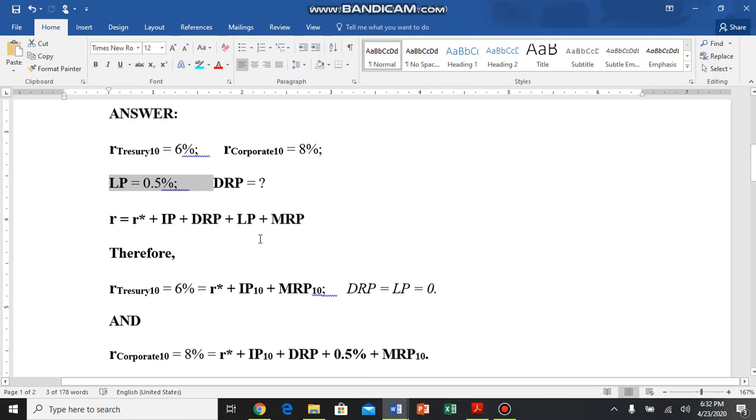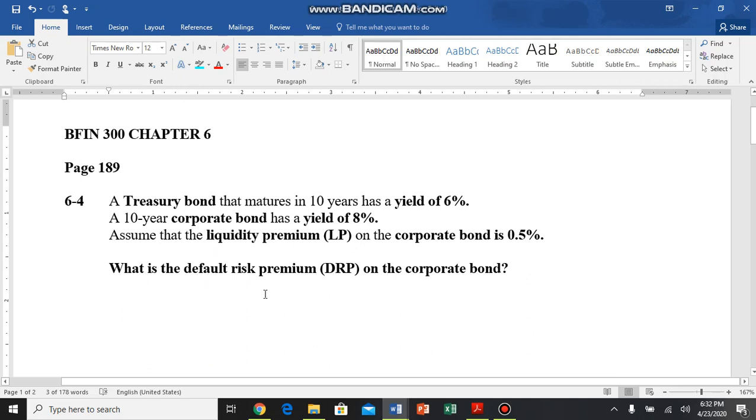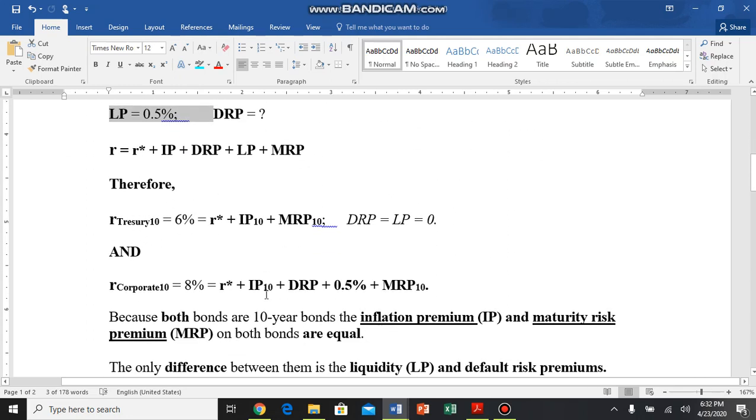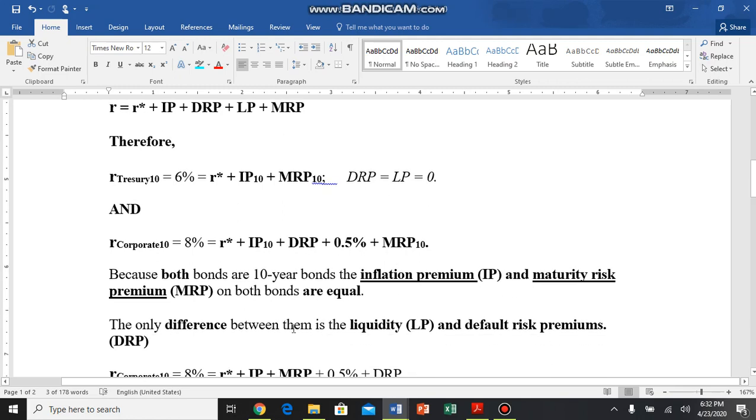Because both of them, as we said here, mature in the same number of years, that is 10 here, both the inflation premium and the maturity risk premium on both are equal. Okay, both have the same IP and MRP. The only difference here is the LP and the DRP, so the liquidity premium and the default risk premium.